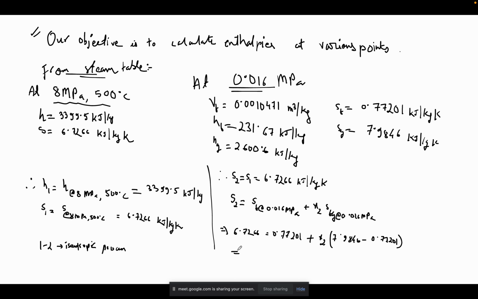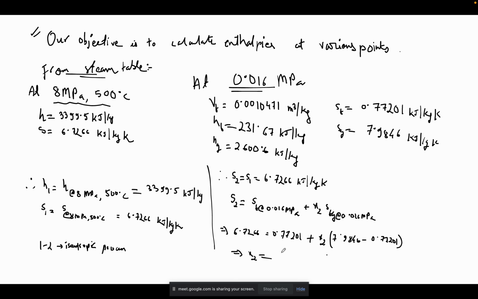And from here I will get x2: 6.7266 minus 0.77201 by 7.9846 minus 0.77201.